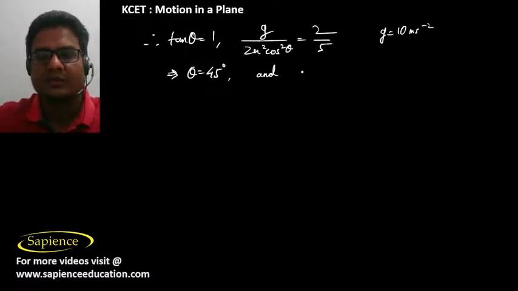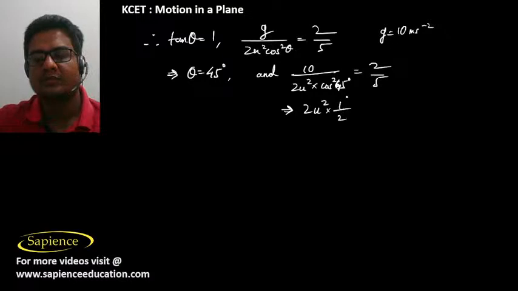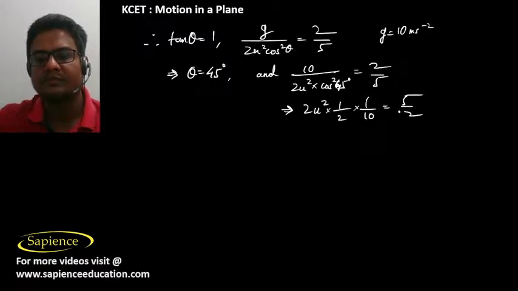So 10 by 2 u square into cos square 45 degree is equal to 2 by 5. So 2 u square into cos square 45 is 1 by 2, since cos 45 is 1 by root 2. So that divided by 10 is equal to 5 by 2.